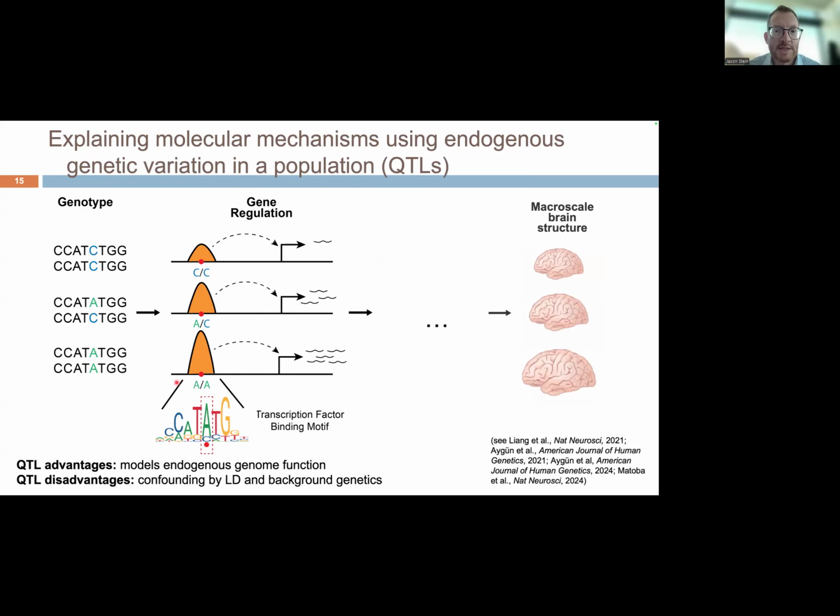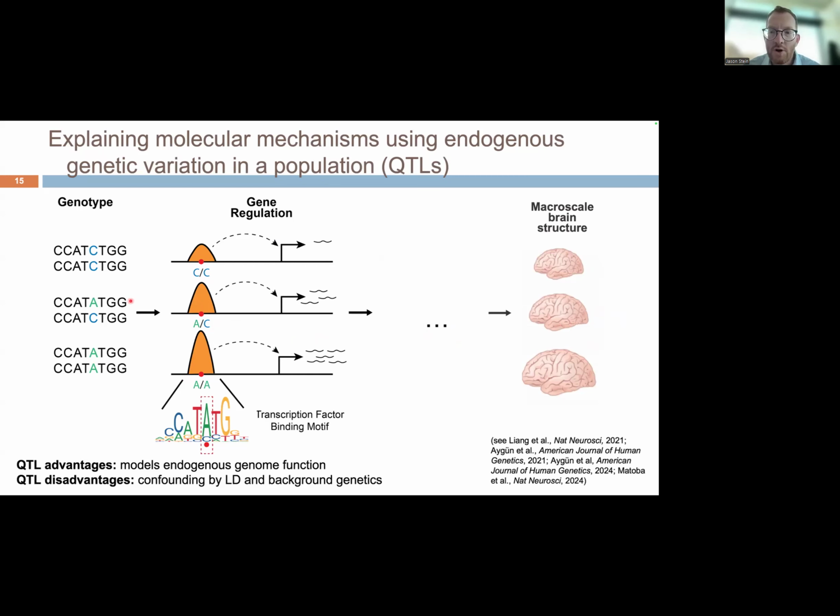Well, the hypothesis is that genetic variants can disrupt things like transcription factor binding, leading to differences in transcription factor binding to a specific location of the genome, and subsequently differences in chromatin accessibility, which is a proxy for transcription factor binding. They can subsequently impact downstream gene expression and ultimately lead to differences in cellular behavior that lead to differences in the size of the cortex.